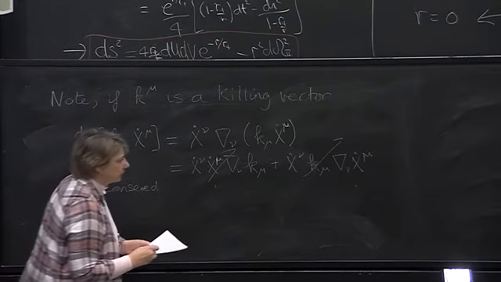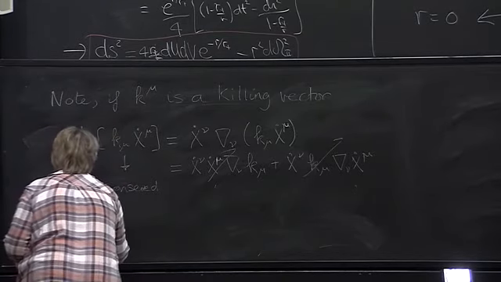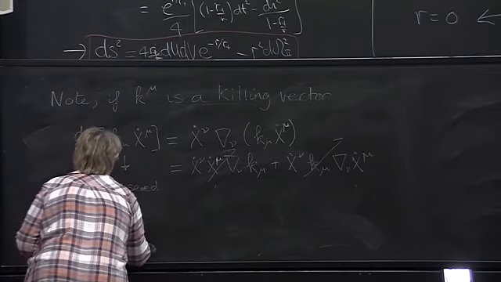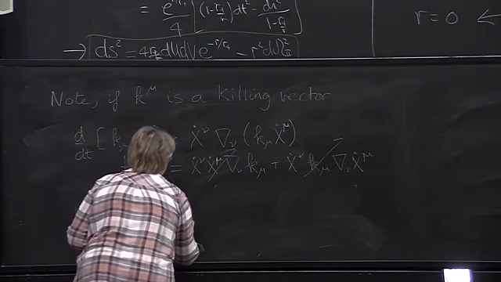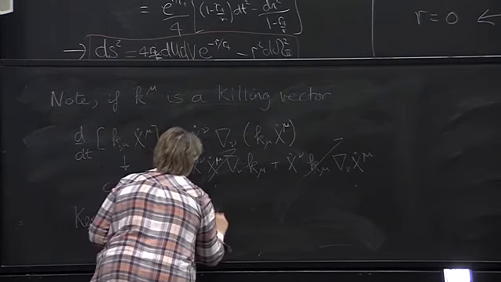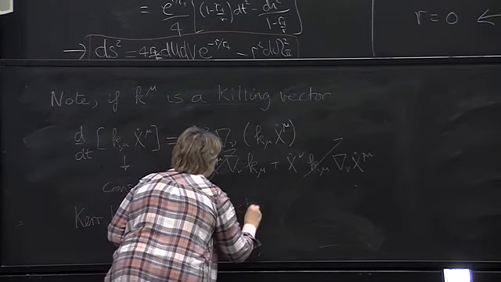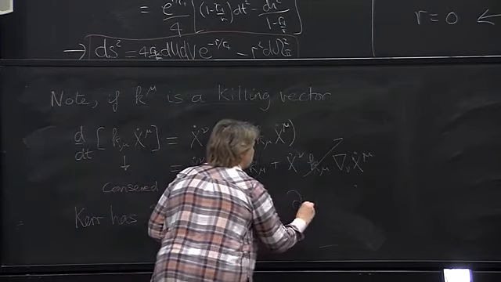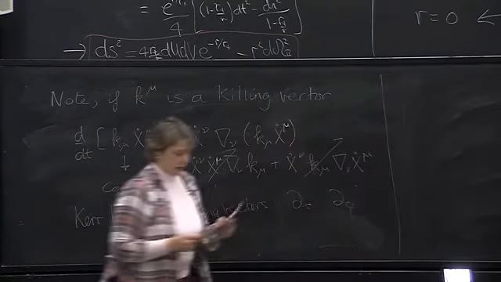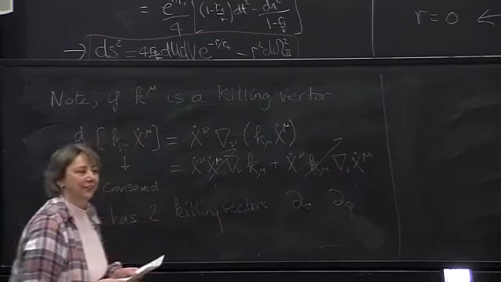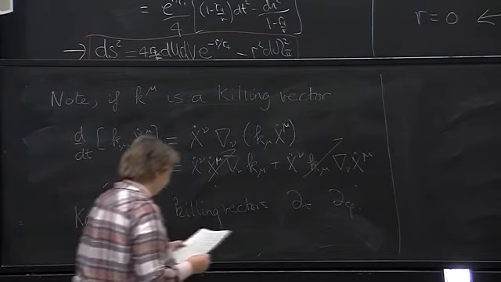So Kerr has two Killing vectors. It's no longer got the SO(3) algebra because it's rotating. So it has two easy Killing vectors, d by dt and d by dφ. And David might try and persuade you there are other conserved things, which is fine.